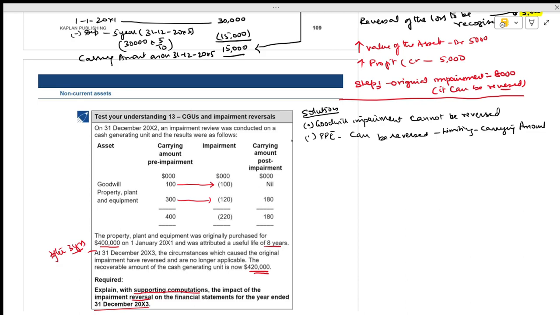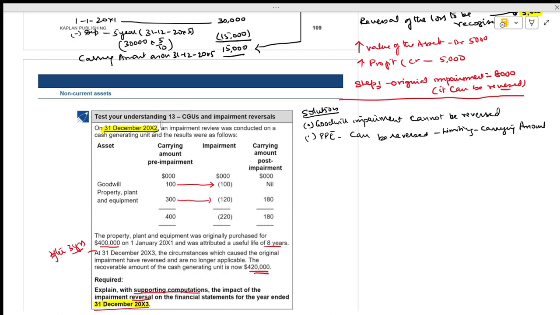It is for 8 years. See, they have given this value as on 31st December 2002. Fine. This is very crucial. They have given for 31st December 2002 and they are asking for 31st December 2003, for 1 year.